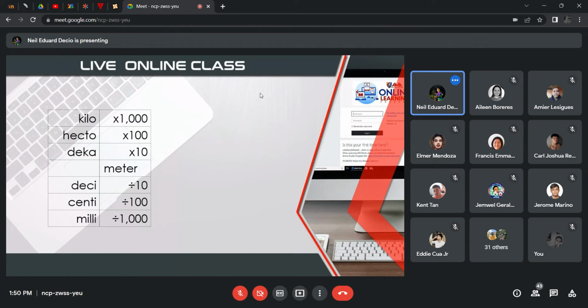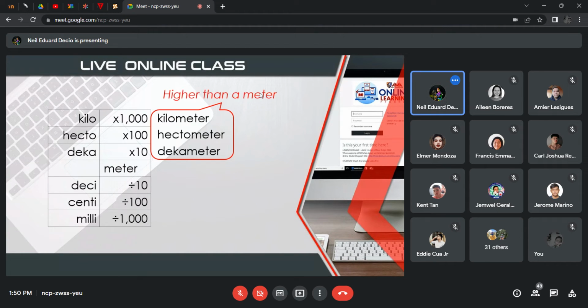A decameter is 10 times longer than a meter. A hectometer is 100 times longer than a meter. A kilometer is 1,000 times longer than a meter. So deca, hecto, and kilo indicate units higher than a meter.